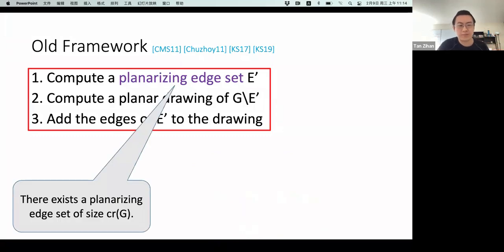First, it is not hard to observe that there exists a planarizing edge set of size at most CR(G). Why is that? If we look at the optimal drawing of G, and for each crossing we delete 1 edge, then the remaining graph is planar. So this deletes at most CR(G) edges and leaves the remaining graph planar.